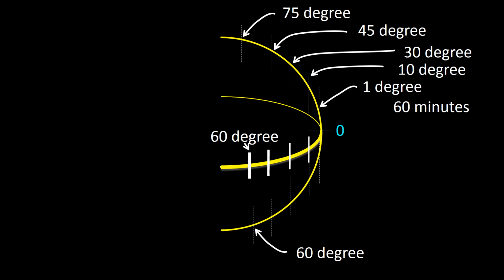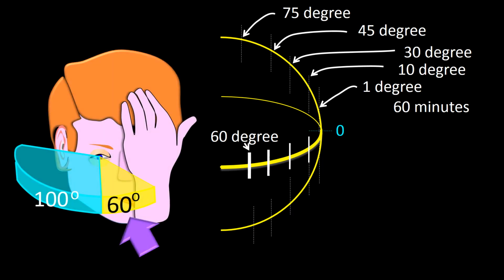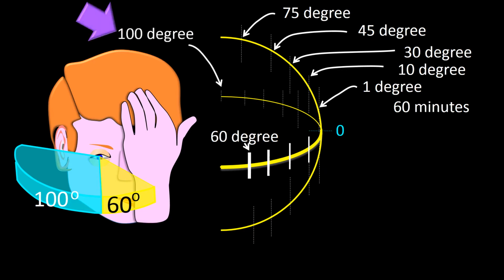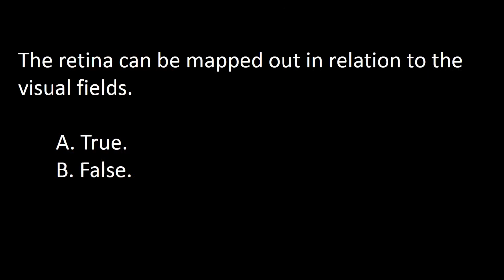The furthest line from the fovea is placed at 60 degrees, corresponding to the extension of the nasal visual field. Now I have added white lines on the other side of the perpendicular line, the furthest representing 100 degrees. This corresponds with the extension of the temporal visual field. So the answer to this question is A.